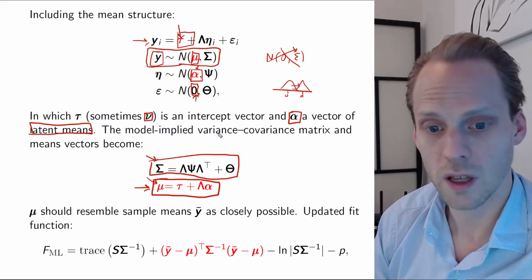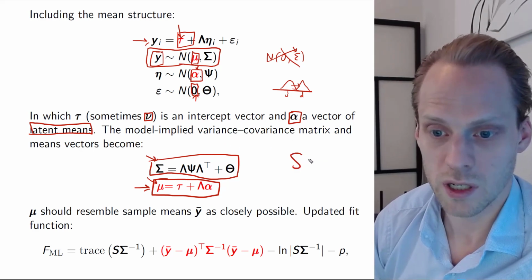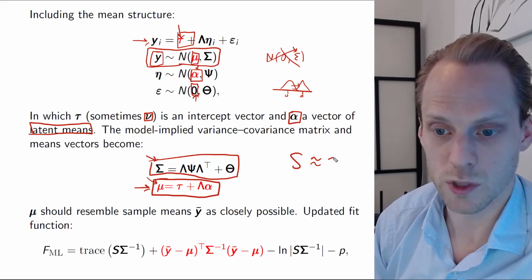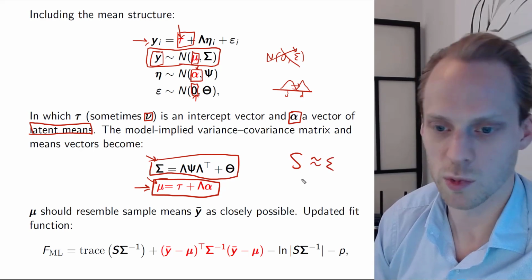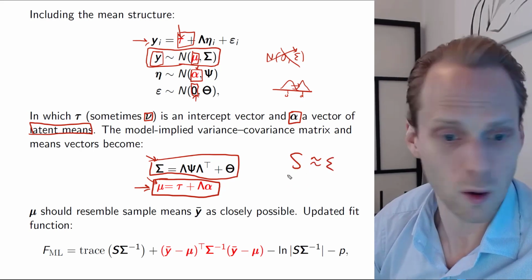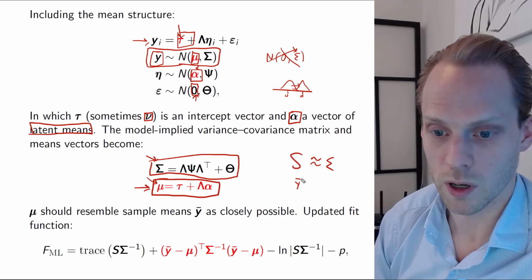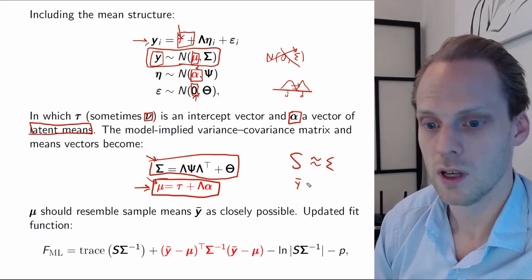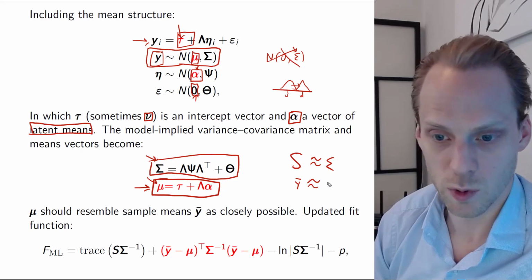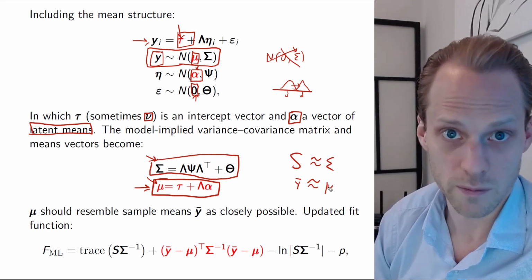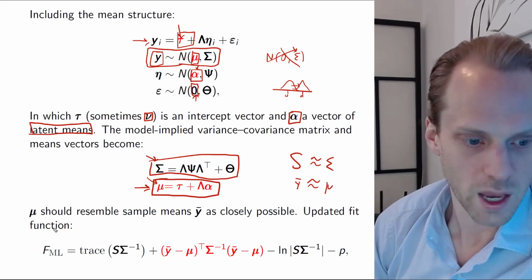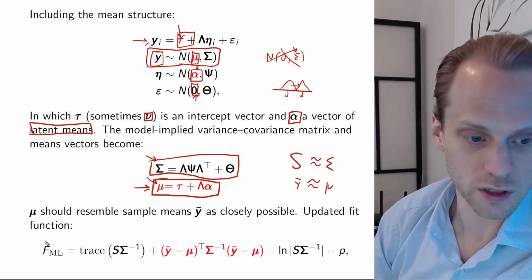Now, in our fit, we wanted S to be as close as possible to sigma, right? Or actually sigma as close as possible to S. And now we also want the observed means, let's call them y bar, the sample means, to be as close as possible to this mu that we're modeling. And we need to put it in the fit function.